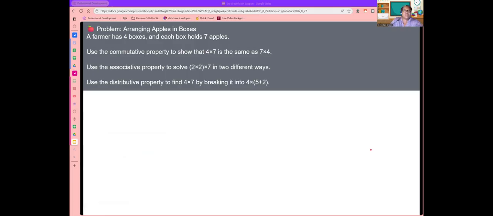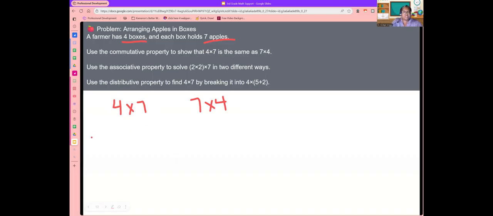Now, here we have, again, the farmer has 4 boxes, and each box holds 7 apples. So let's start off by looking at the commutative property. So if we look at 4 times 7 and 7 times 4, well, this is 4, 7 times.